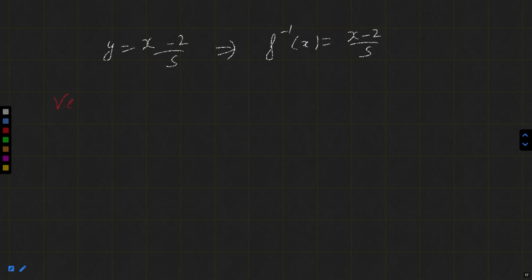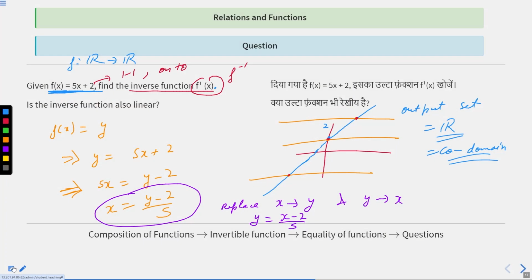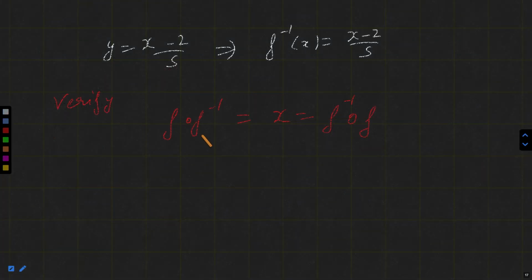Now just verify that f of f inverse is equal to x, which is equal to f inverse of f. So let's verify. I am going to verify this, you do the other one.